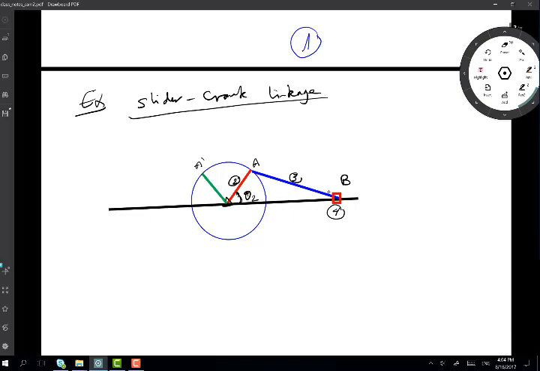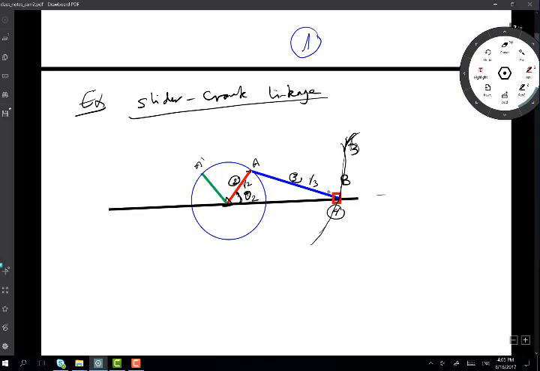Let's say the con rod has a length R3 and the crank has a length R2. If I draw a circle from point A with radius R3, it will of course intersect the ground at point B.